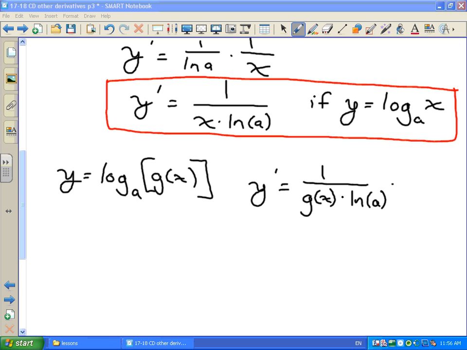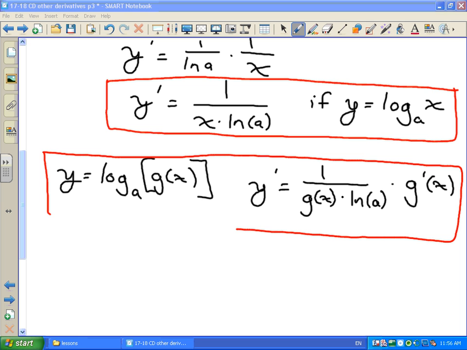Then we multiply that whole thing by g prime of x, the derivative of that inner function. So those are the two rules that you need to know for logarithms of some base other than base e.